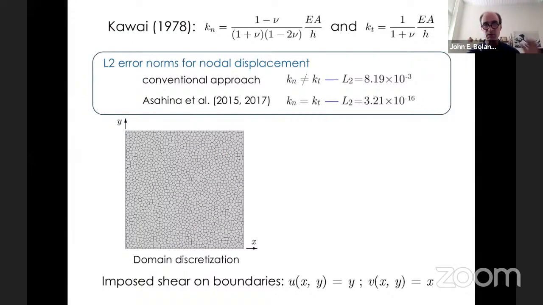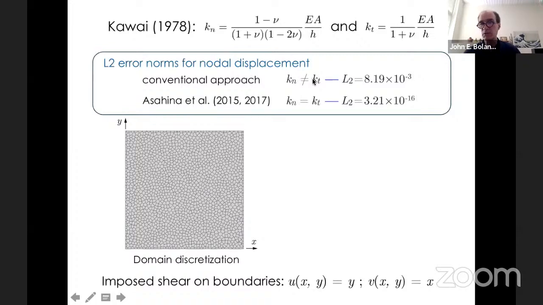So here's another demonstration. A key point is we use the normal spring stiffness and the tangential spring stiffness equal. That's the basis for Asahina's formulation. That's our starting point. And then we have an iterative algorithm to introduce Poisson's ratio. In the conventional approach, Poisson's ratio is simulated by making the normal and tangential springs non-equal.